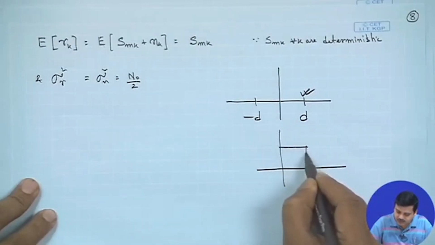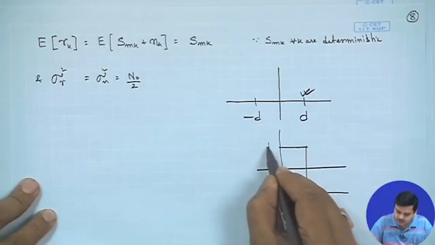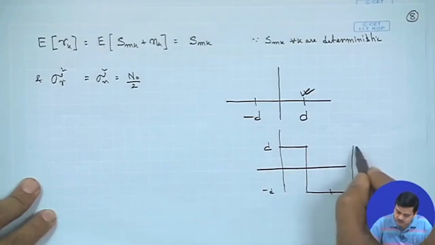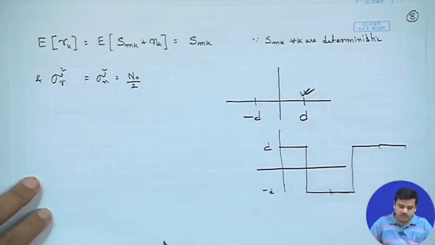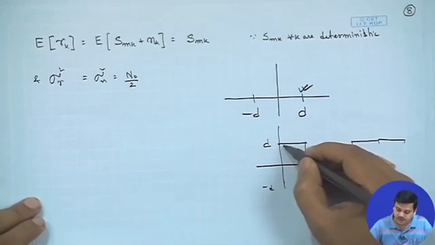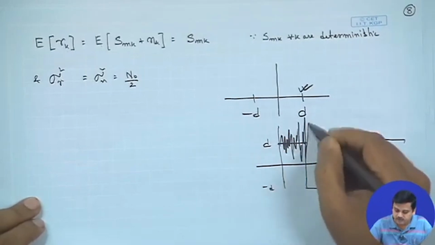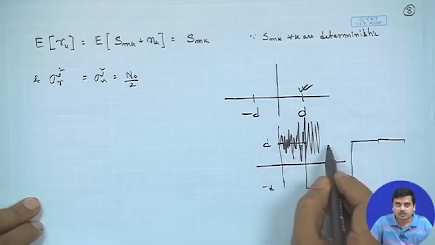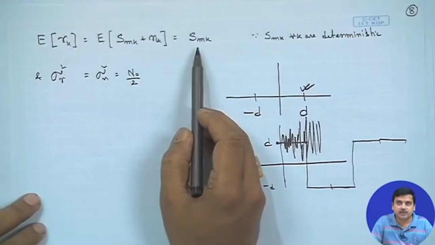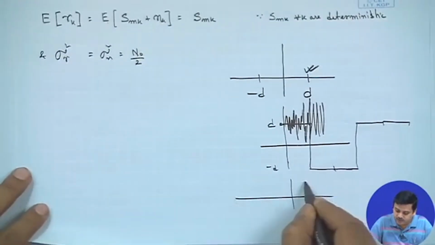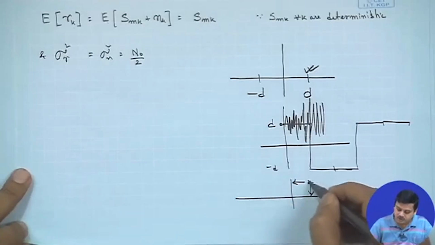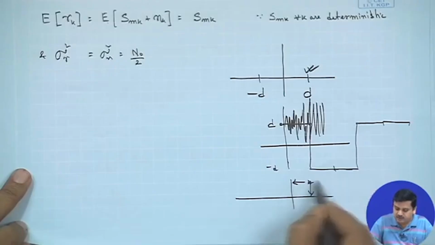Our transmitted signal would look like this: this is D, this is minus D. Suppose I am sending only this signal, D, and noise is added on top of it. Since noise is zero mean, the expectation would be the same as D. It is as simple as that. And if you think in terms of QAM, there is a constellation with two projections on the two axes. Noise will affect the I axis, and it will affect the Q axis.